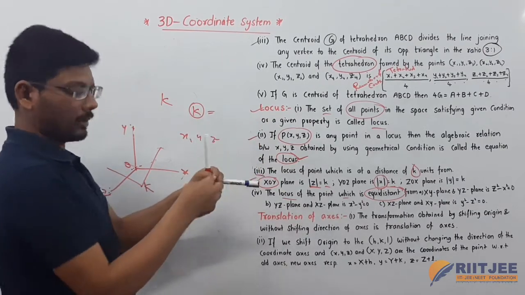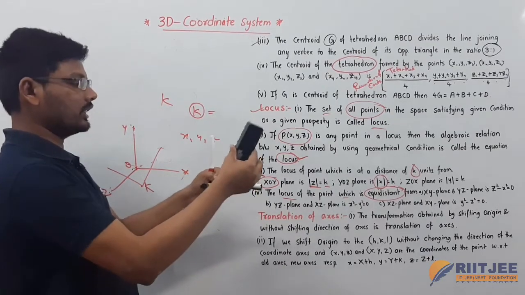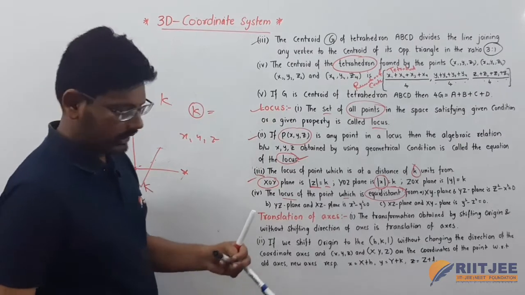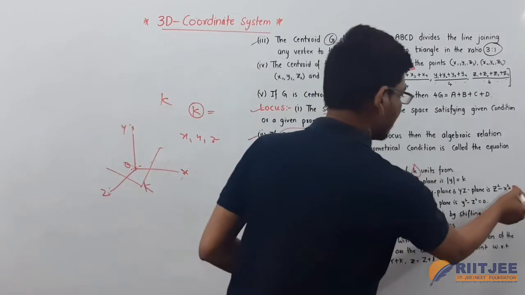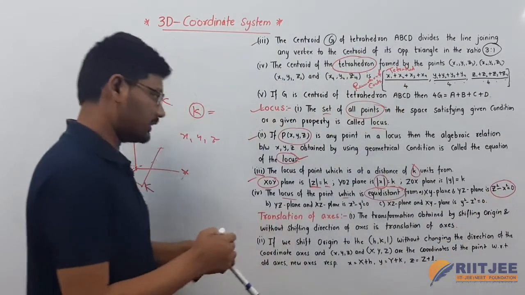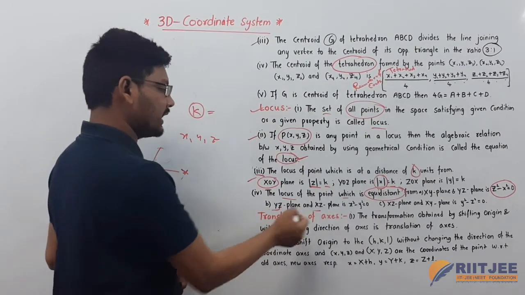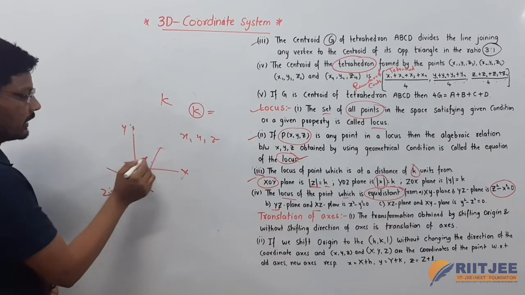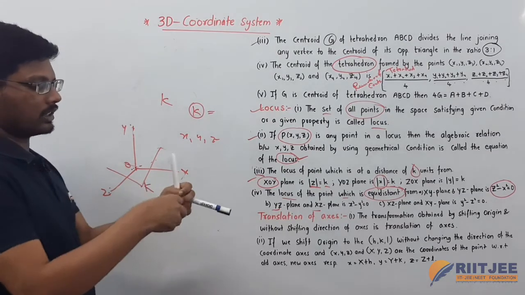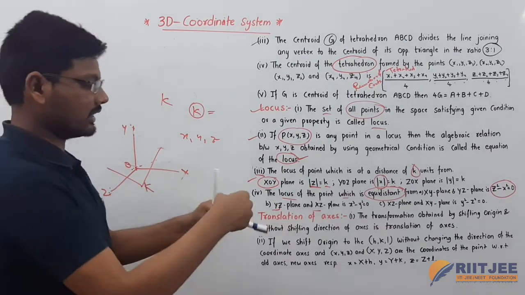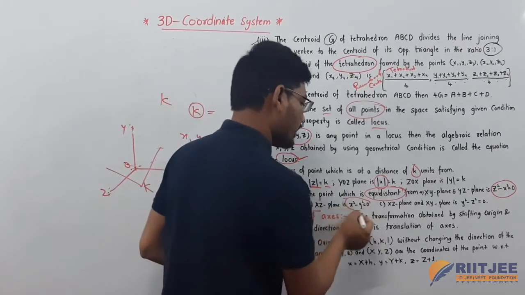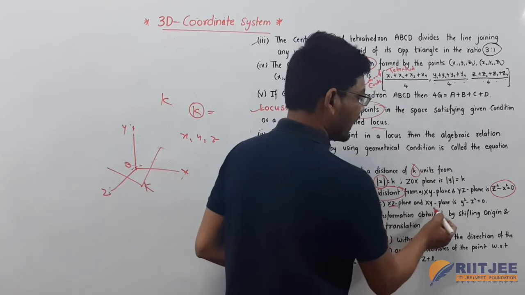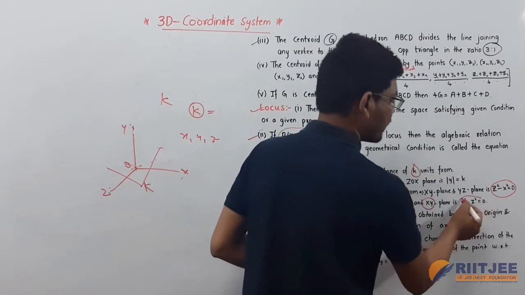If I take this duster as a point equidistant from two planes, then the condition is z square minus x square, and similarly for the yz plane and the zx plane, the equation is x square minus y square, and for the xz plane and xy plane it is y square minus z square.